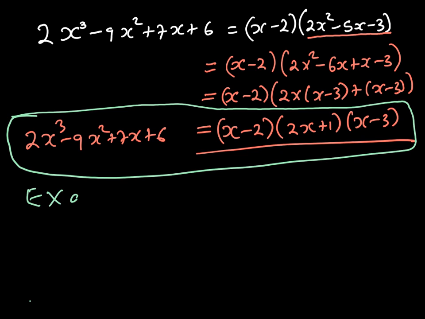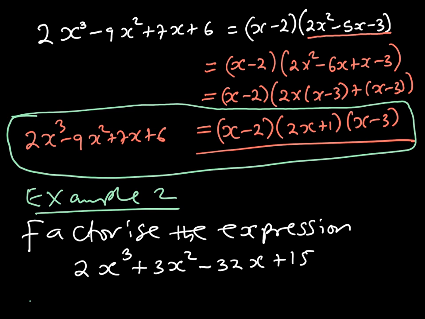Example 2. What is in this example 2? What do they want us to do? Let me write it down. So we are required to factorize 2x cubed plus 3x squared minus 32x plus 15. Okay, let's go ahead and factorize this.